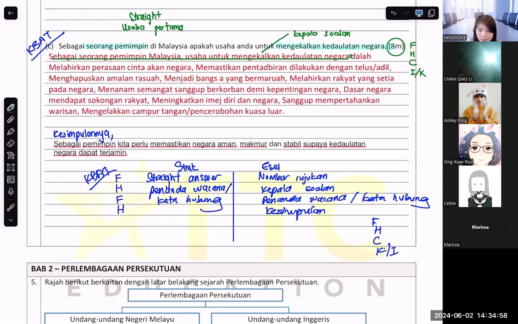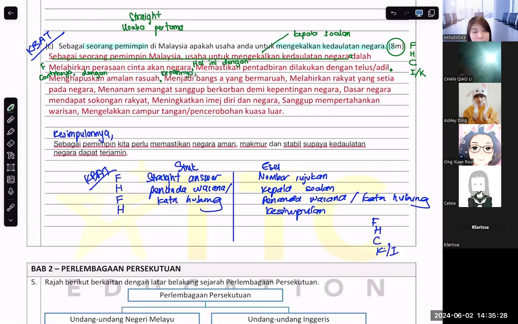You understand? So this is fakta, 1. Then you full stop, then you say hal ini dengan. Hal ini means it refers to the previous sentence. And then you full stop. Then contohnya, dengan menghapuskan amalan rasuah di dalam negara. Full stop. Kesannya.